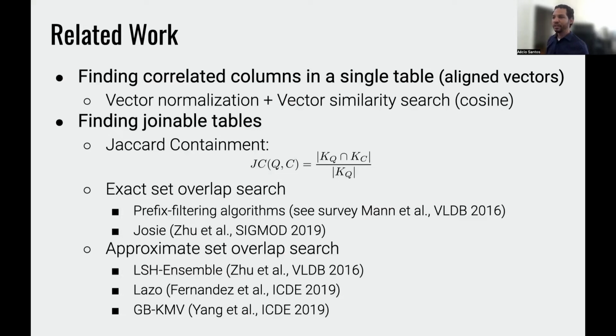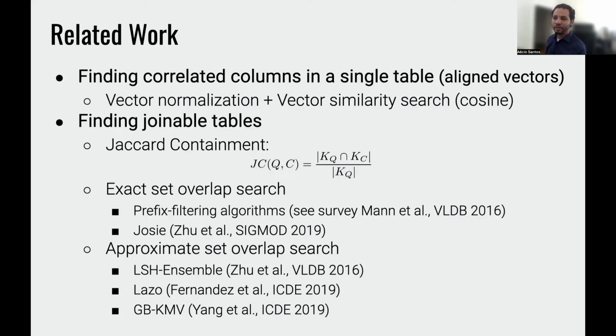So essentially, this is the percentage of keys that join in our two tables. And this, of course, is an expensive problem, and many algorithms have been proposed to solve it. This is essentially a set overlap search.